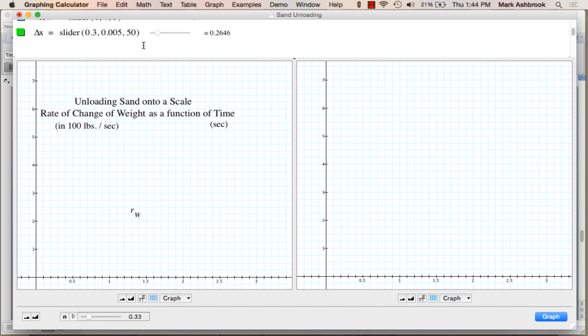So I can come in here and just start a text line. But then the problem with this is when you zoom in and out, it doesn't really maintain the same proportion to the graph.